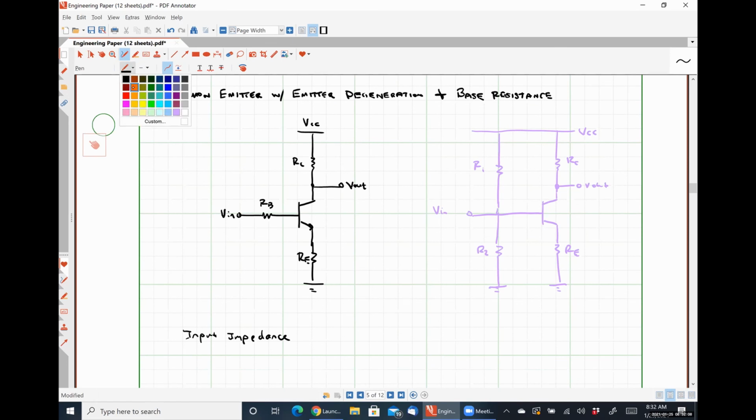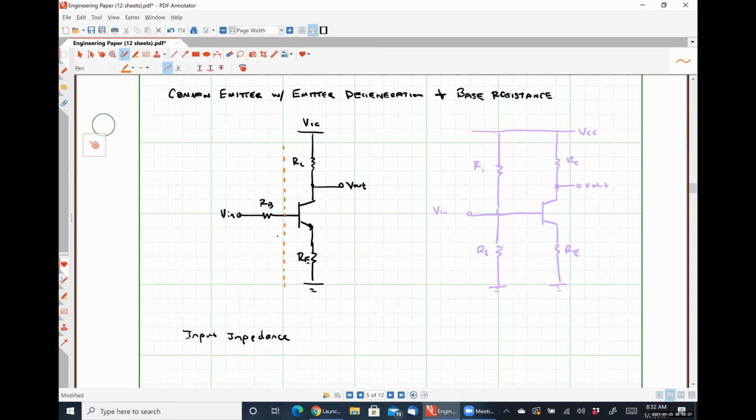I would argue that if we drew a line right here, we see that resistance RB in series with the common emitter with emitter degeneration circuit we just looked at, right?